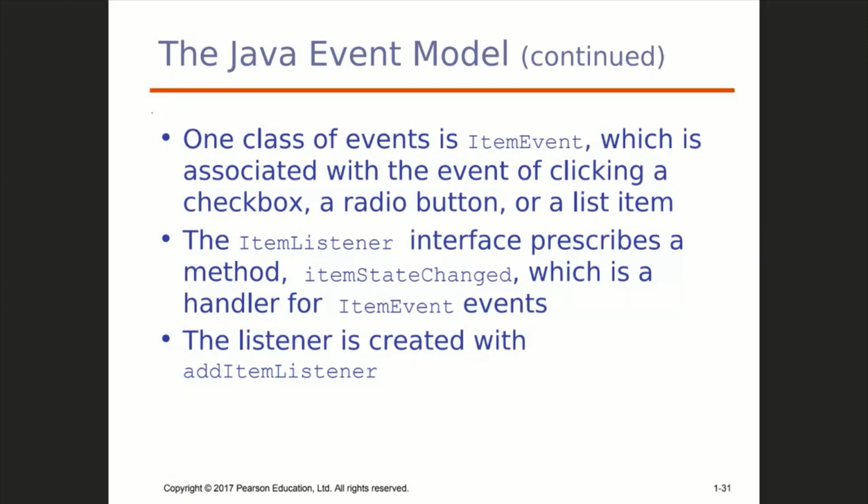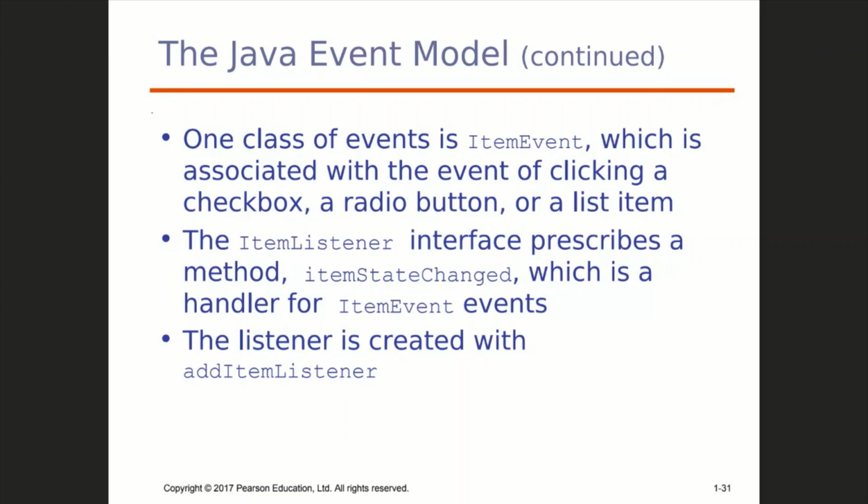Let's assume there is an event called item event. What is this item event? Item event is associated with components like clicking a checkbox, a radio button, or list items, because a list contains items. That's what you call item event.